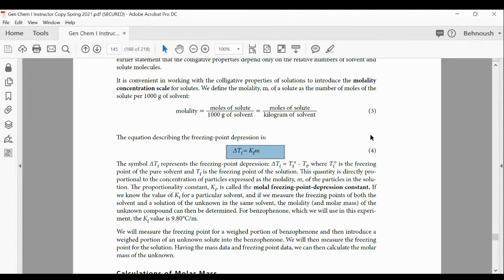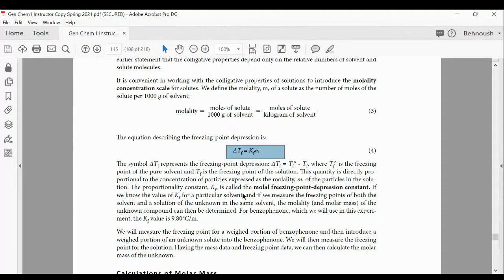KF is the known value for the solvent. For benzophenone, this value is 9.8 degrees Celsius per molal. Because we know what solvent we are using, KF is known, but delta TF needs to be determined experimentally.